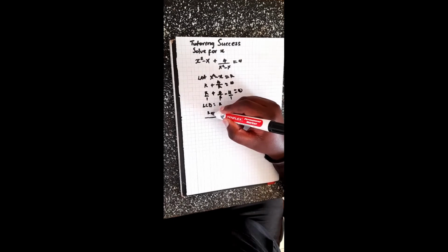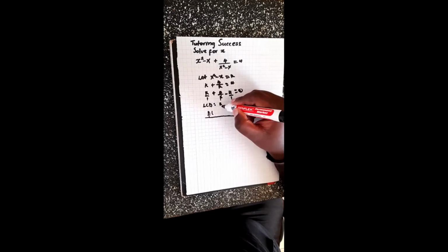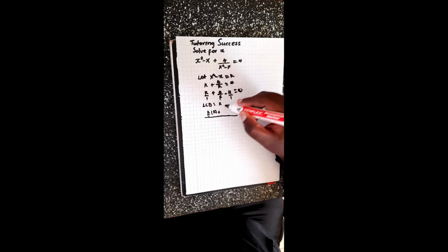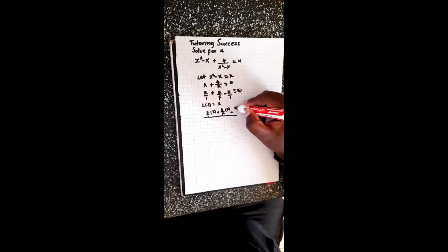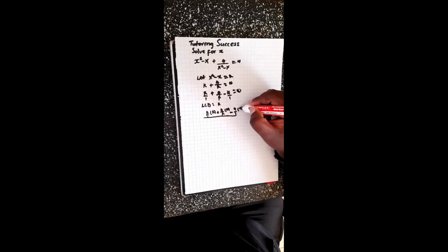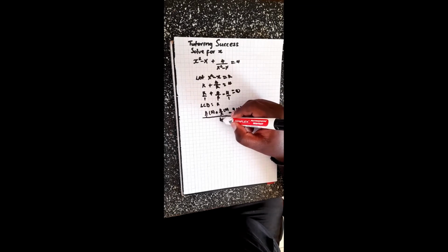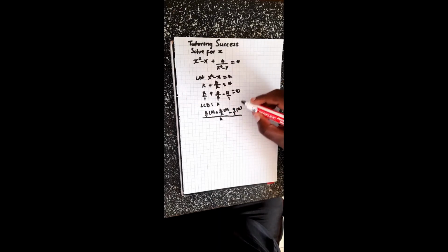So you are going to have k over 1 multiplied by the LCD, plus 4 over k multiplied by the LCD, and negative 4 over 1 multiplied by the LCD. Then under the division line you just include your LCD, which equals 0.